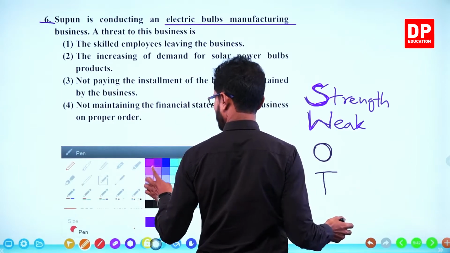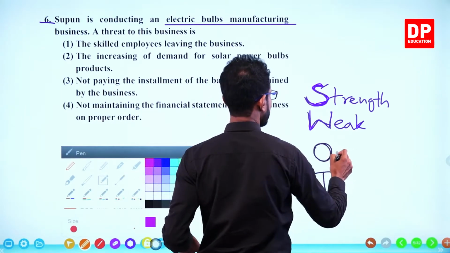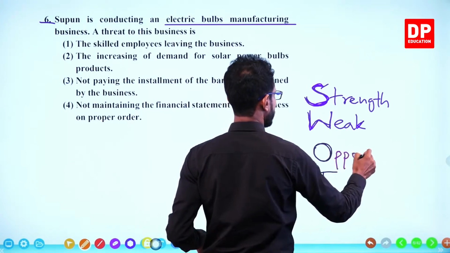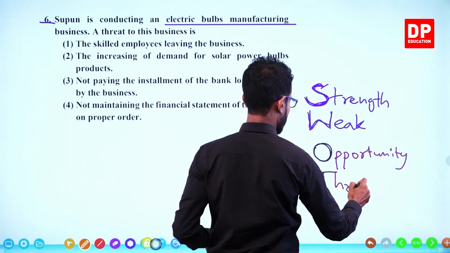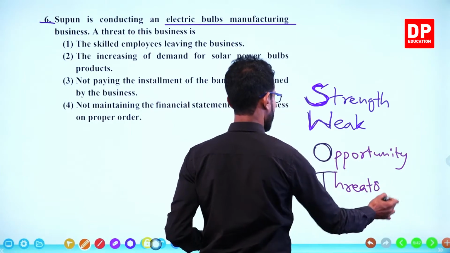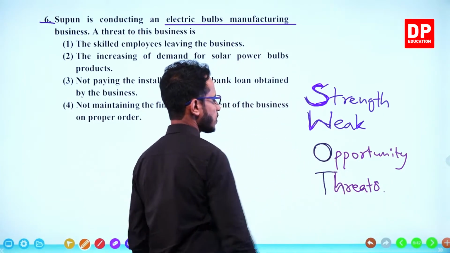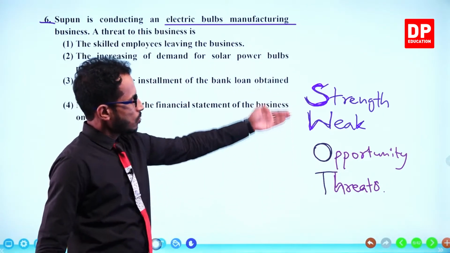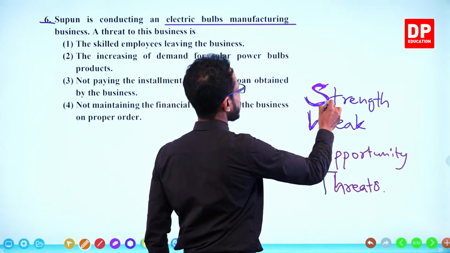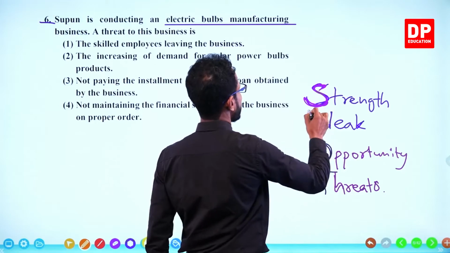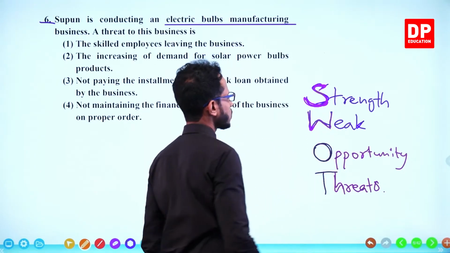These are the words of SWOT, the long form of SWOT.